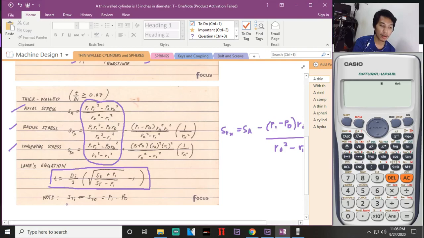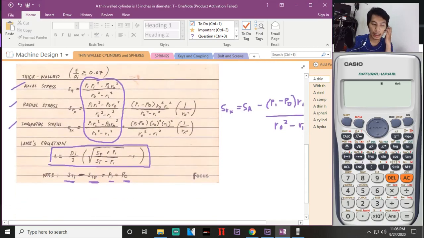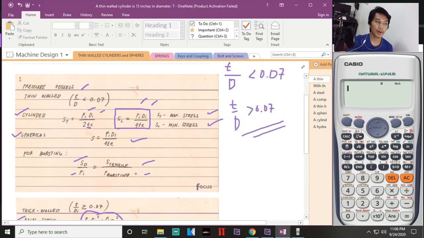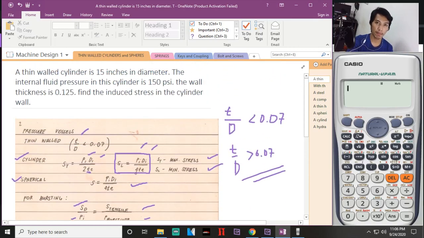Yung tensile stress minus tensile stress outside equal yan sa inside pressure minus outside pressure. They are rational. Okay? So that is for your thin-walled and thick-walled cylinders.